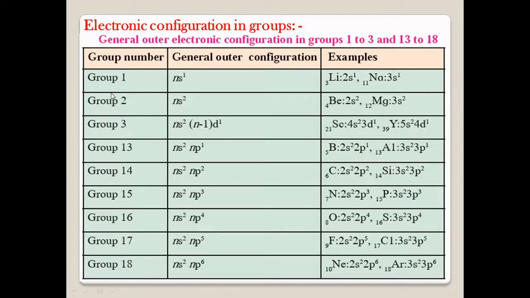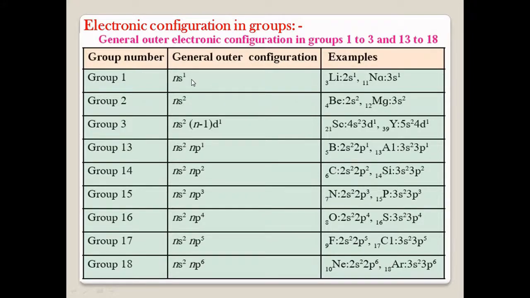As given here below. For group 1 it is ns1. Example: lithium, 2s1 last orbital. Sodium, 11, that is 3s1. So group 1 has one electron because group 1 lies in the s block.